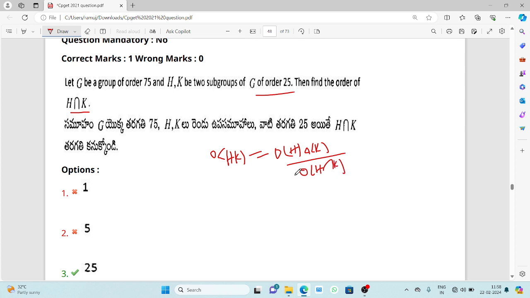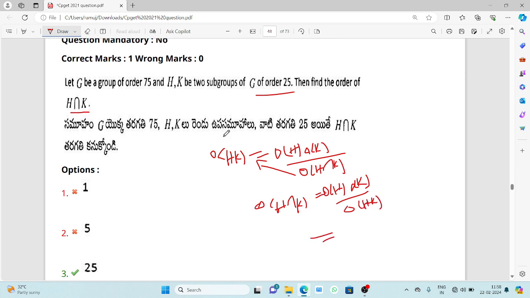So I just take order of H intersection K to the left-hand side, and I get order of H intersection K is equal to order of H into order of K divided by order of HK.